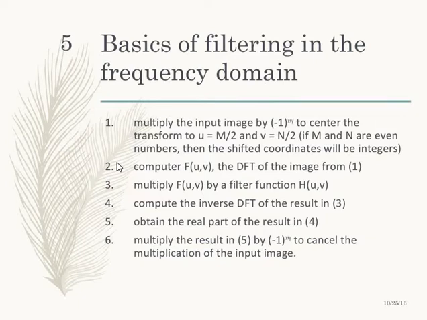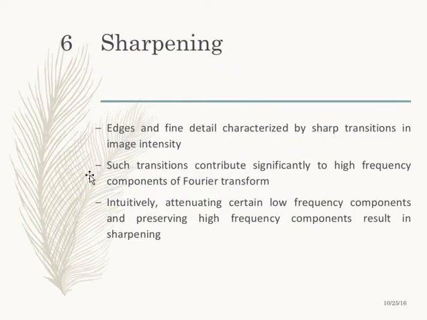Then we compute the DFT, or discrete Fourier transform, and multiply by the filter function. Then we compute the inverse discrete Fourier transform, obtain the real part of the result, and multiply the result by (-1)^(x+y) to get the original image.